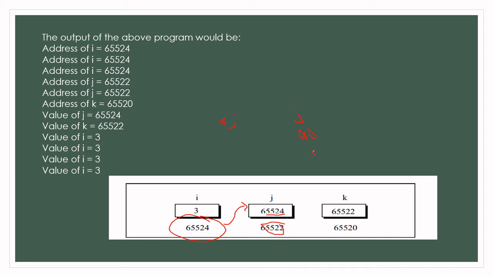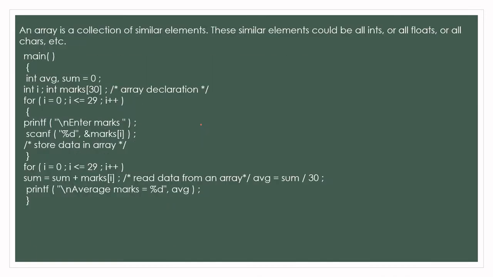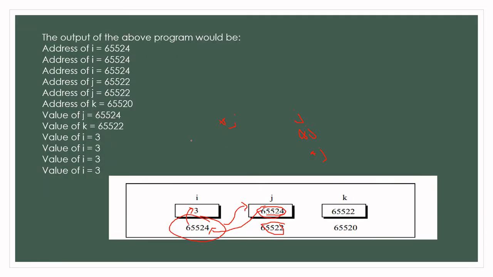What if someone asks to print the value of i? You can even write it as star j, because the value stored in j points to this memory location. The variable stored in this memory location is 3, so 3 gets printed. So here you can see the address of i gets printed, and the address of j, 6522, gets printed.